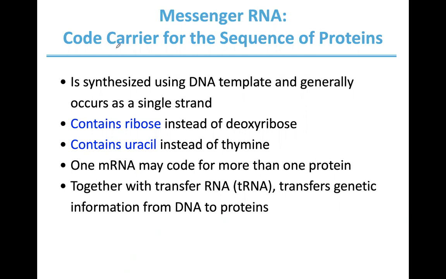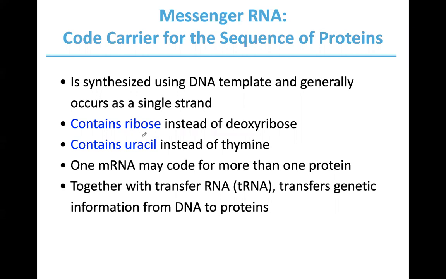As far as RNA, a couple things we need to mention about RNA. We know it's a code carrier, right? DNA stores the code, and messenger RNA will carry the code to the ribosome to make proteins. It's made from a DNA template, and in general, it's a single strand. So RNAs do not form double-stranded sequences as easily as DNA does.